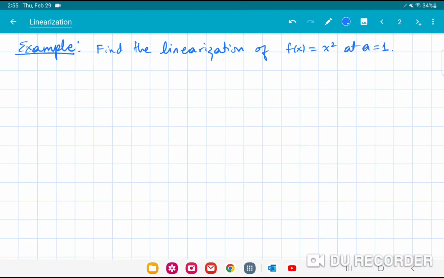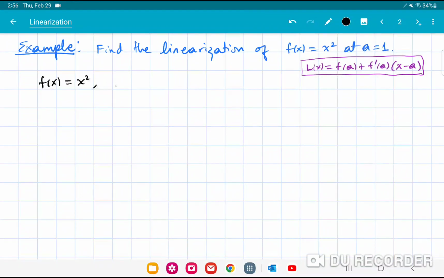Remember the linearization formula: L of x is f of A plus f prime of A times x minus A. The function f of x is x squared. The value A is 1. So the first thing to do is simply compute f of A. In this case, f of 1 is 1 squared, which is 1. Save that for this spot.